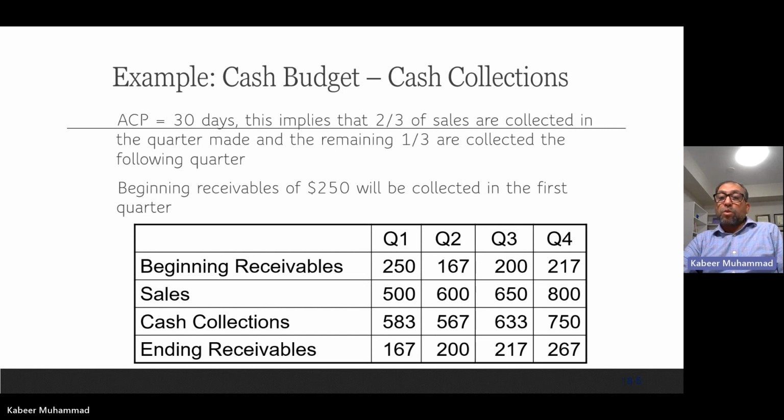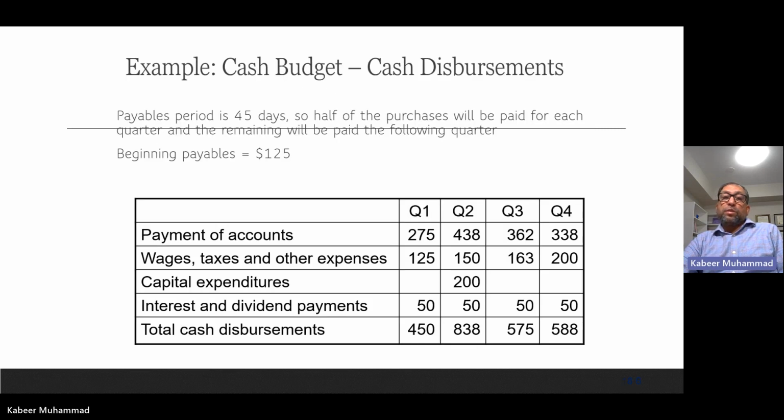So 633 is our collection in the quarter, and 217 is an ending inventory, which is a beginning inventory for the fourth quarter. Fourth quarter sales are 800 and two-third of the 800 plus 217 is 750, and 267 is our ending inventory.